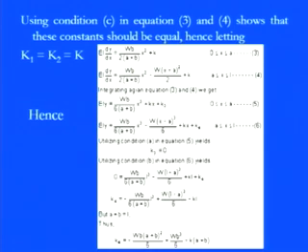So now we have the different conditions, and if we use the condition for the AB portion and for the BC portion in equation A, we get k3 equal to 0.